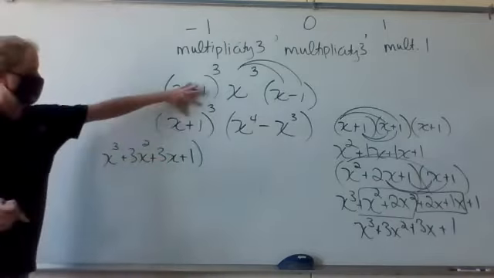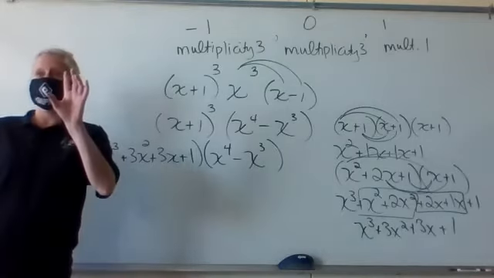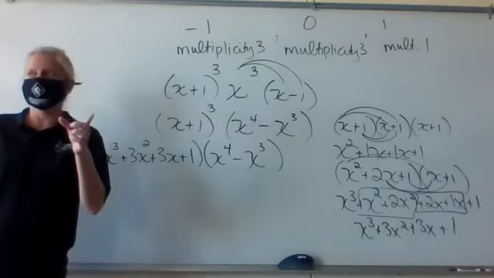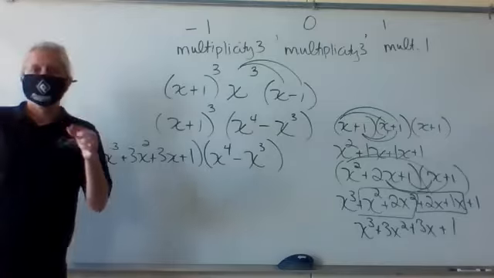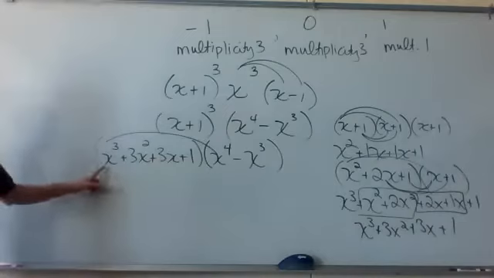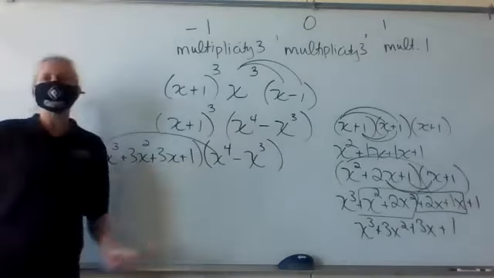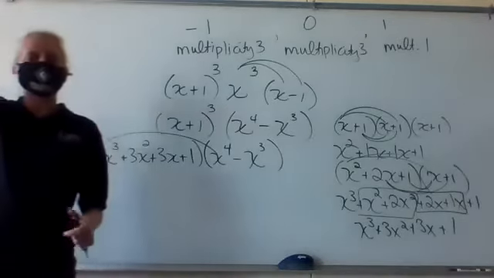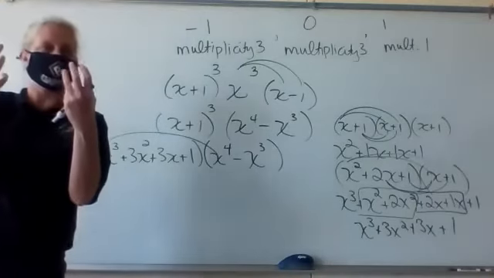Now what needs to happen? FOIL all that. Remember, what degree are we supposed to end up with? 3. X to the 7th this time. Look what happens with your first. X to the third times x to the fourth. What are you going to do with those exponents since you're multiplying x's together?